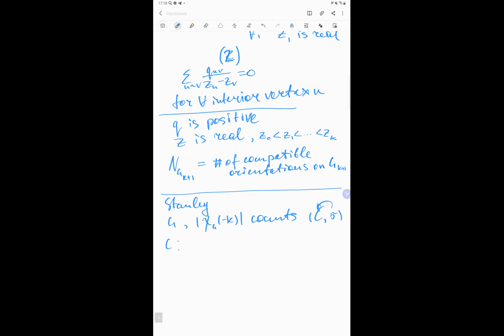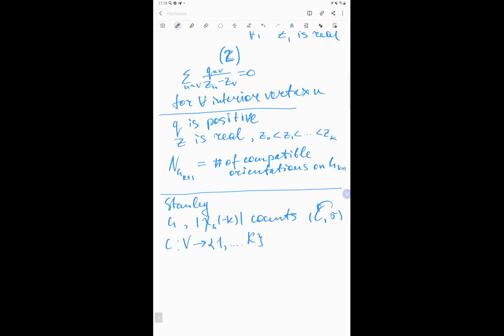So this coloring is a map from the set of the vertices to one, two, three, and so on up to k. And we should mention that coloring should not be proper.